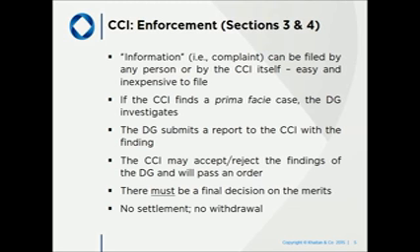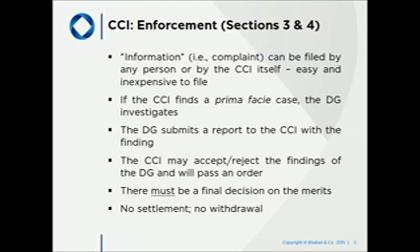The DG of the CCI actually conducts the full-blown investigation, and that can include powers of summonsing documents or witnesses to provide testimony under oath, and also includes dawn raid powers, which we'll talk about later in the program.